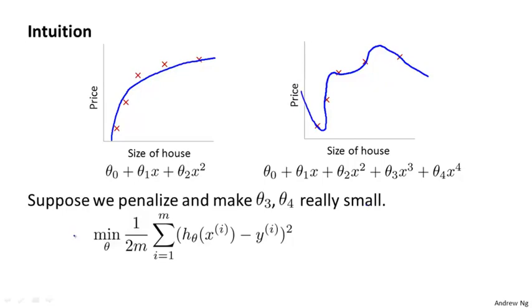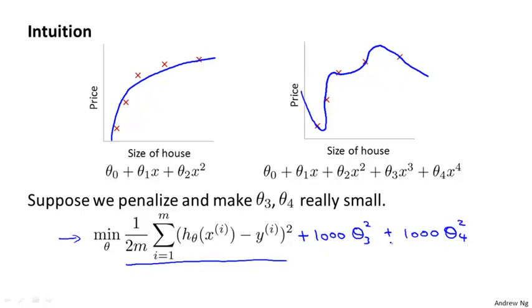Here's what I mean. Here's an optimization problem where we minimize our usual squared error cost function. Let's say I take this objective and I modify it and add to it plus 1000 theta3 squared plus 1000 theta4 squared. 1000 I'm just writing down as some huge number.